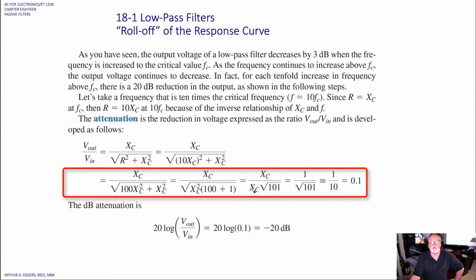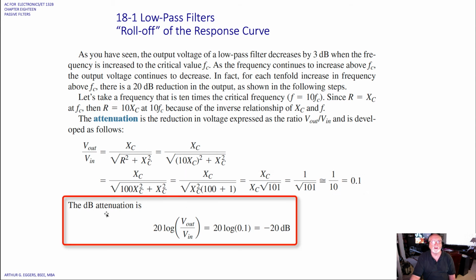When we take the square root of X sub C squared, we're left with X sub C, so those two terms cancel out. We end up with 1 over the square root of 101, which is approximately equal to 1/10 or 0.1. So the dB attenuation, 20 log V out over Vn, is equal to 20 log of 0.1, or minus 20 dB.